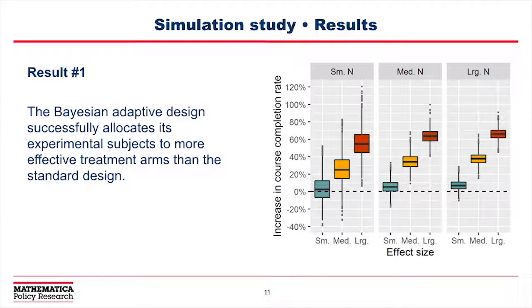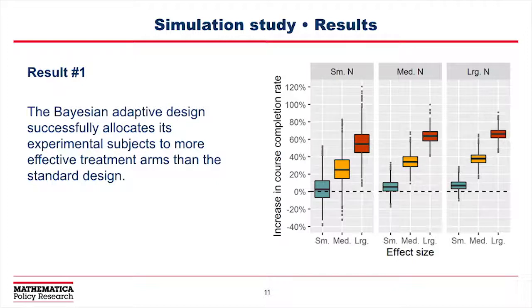The 3 different panels show different sample sizes, small, medium, and large. And then the y-axis is where the action is. The y-axis shows how much we would expect outcomes to improve for families participating in a Bayesian adaptive design versus a standard design. This horizontal line at 0 shows no difference between the 2 designs, and values north of that horizontal line show improvements in outcomes for families participating in the Bayesian adaptive design.